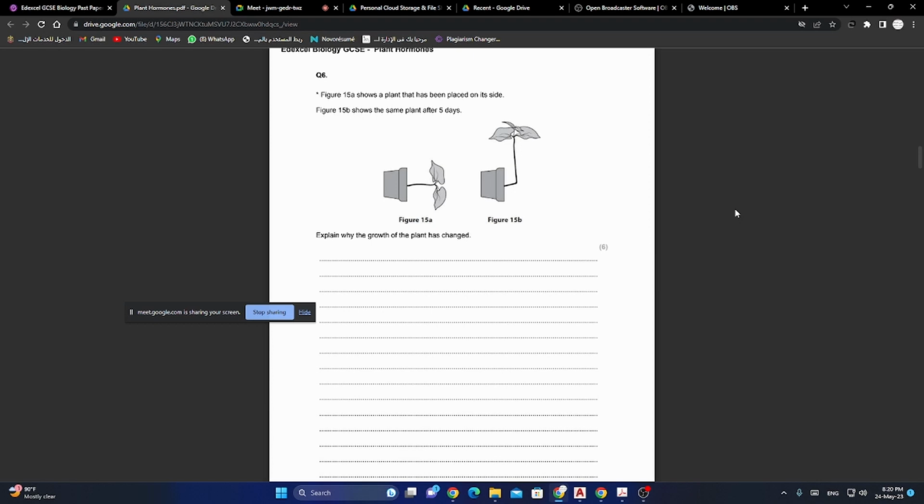They need something else in addition to phototropism. So what do you think they need? No, they're asking here why the growth has changed. You need to explain all of the things that have changed in this case in order for the growth to change, right?